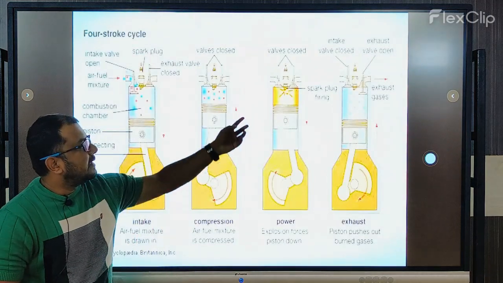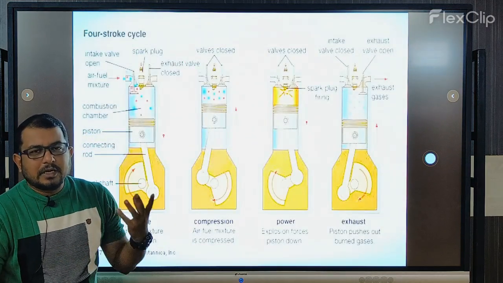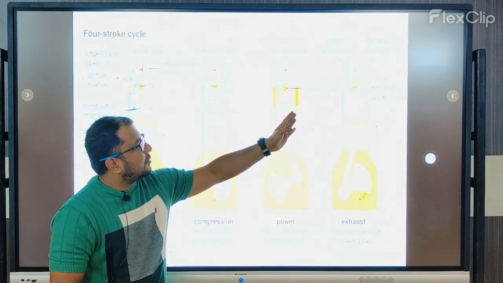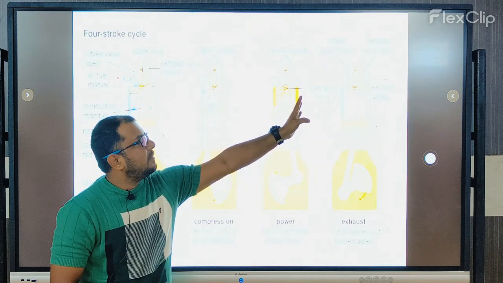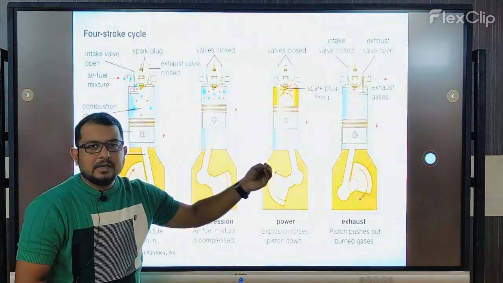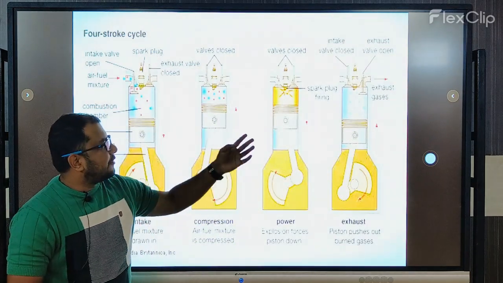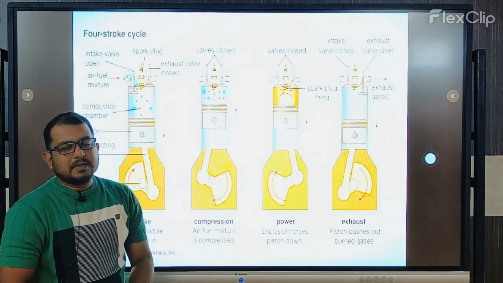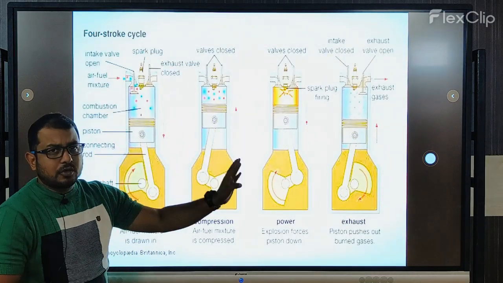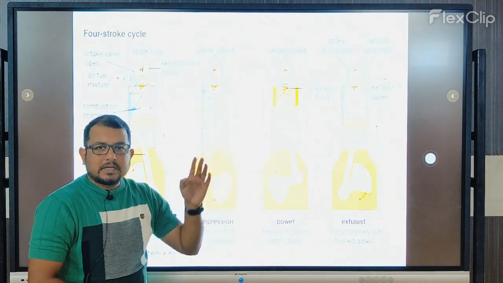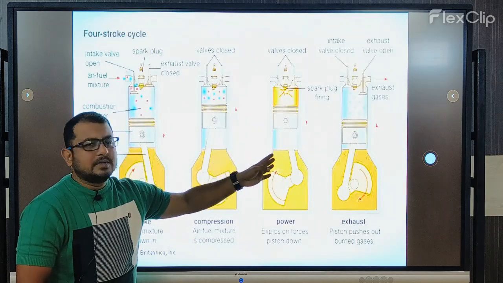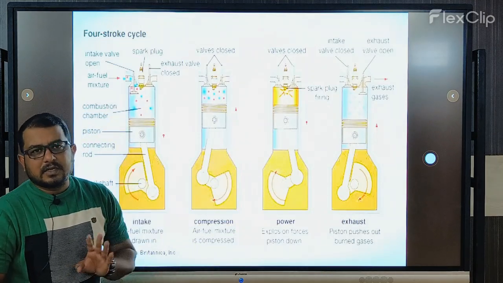That means it bursts. Due to that bursting, the piston again moves from top dead center to bottom dead center. After burning, the gases expand, and the piston moves down. This third stroke, the expansion stroke, we can also call the power stroke, because of this stroke the entire engine is functioning.